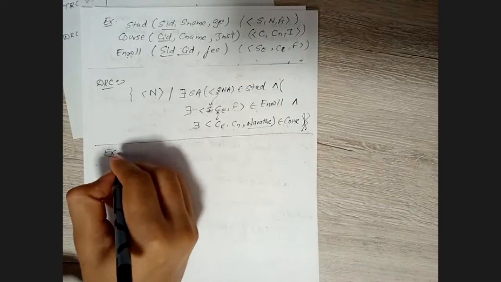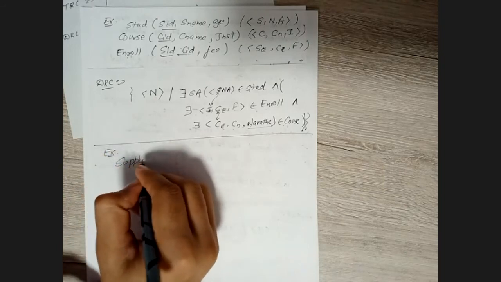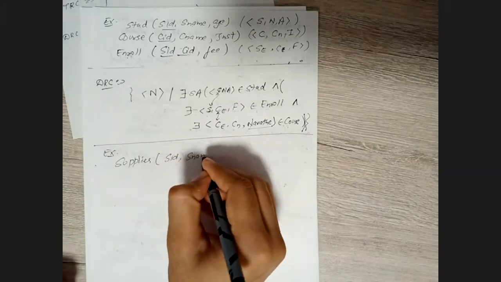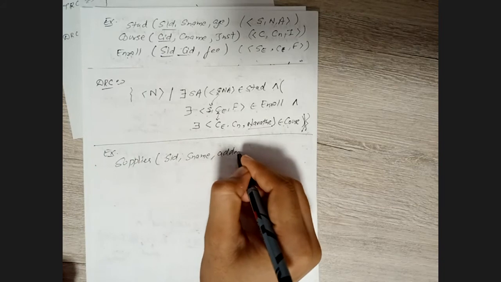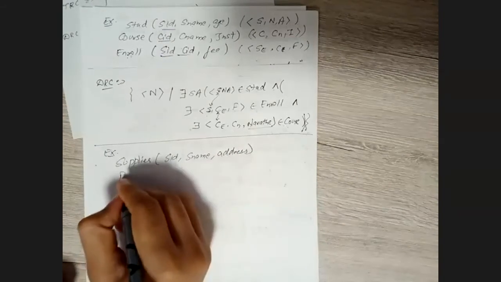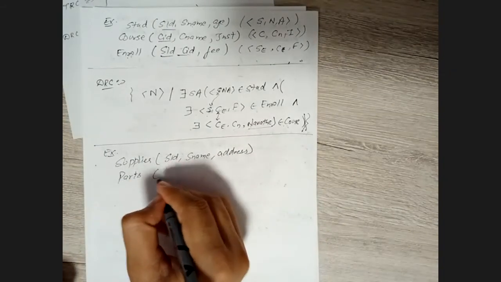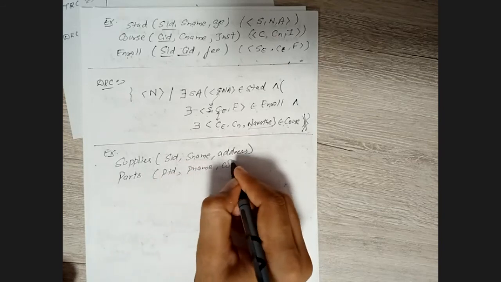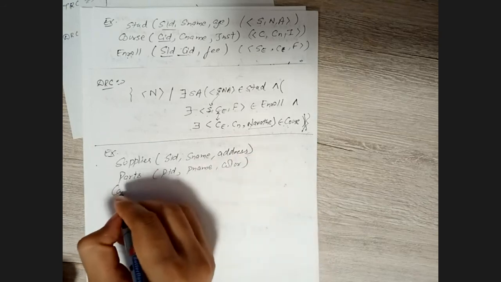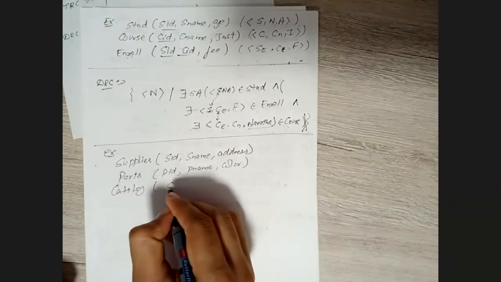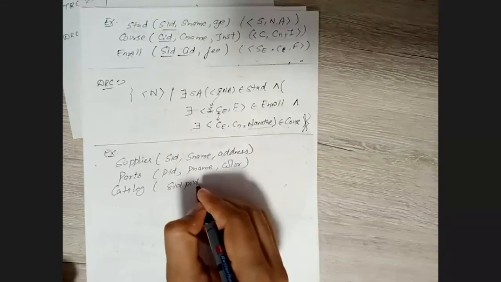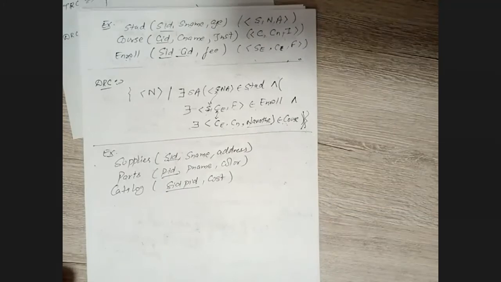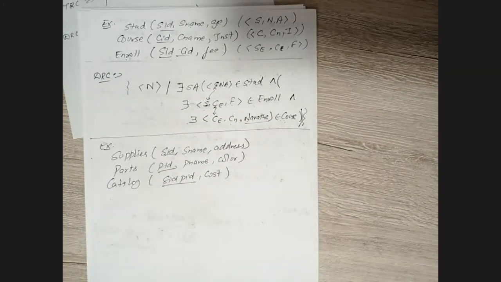So I'm just writing an example for you. Due to time constraint, probably I might not be able to explain over here, but you can just practice this question, right? I have prepared a lot of questions for this one, but due to shortage of time, we won't be able to cover them, right? So SIDs, PIDs, and cost. These are the three tables, and this is very similar to what we have already done as part of the example, right?